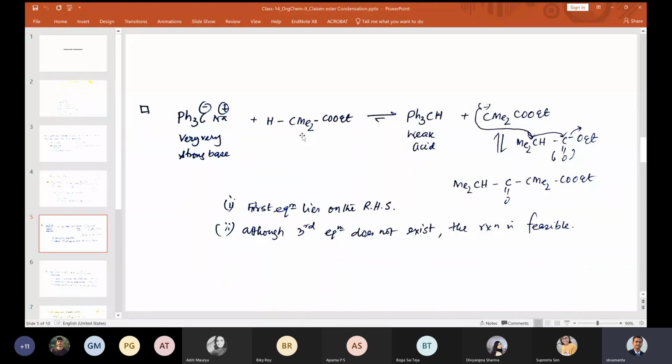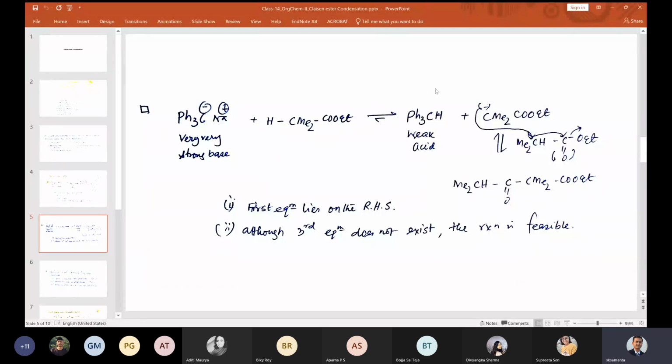But in this case, because this is more basic and this is a very weak acid, this negative charge cannot pick up this proton. Okay, this negative charge will not pick up this proton. So this is why the pKa of this is much higher than the pKa of this. That means it would stay more towards the right hand side. This equilibrium we could shift more towards the right hand side.